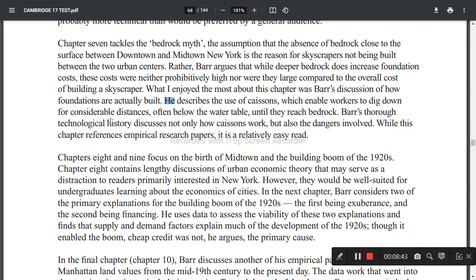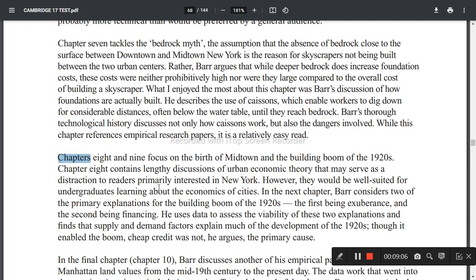Barr's thorough technological history discusses not only how caissons work but also the dangers involved.